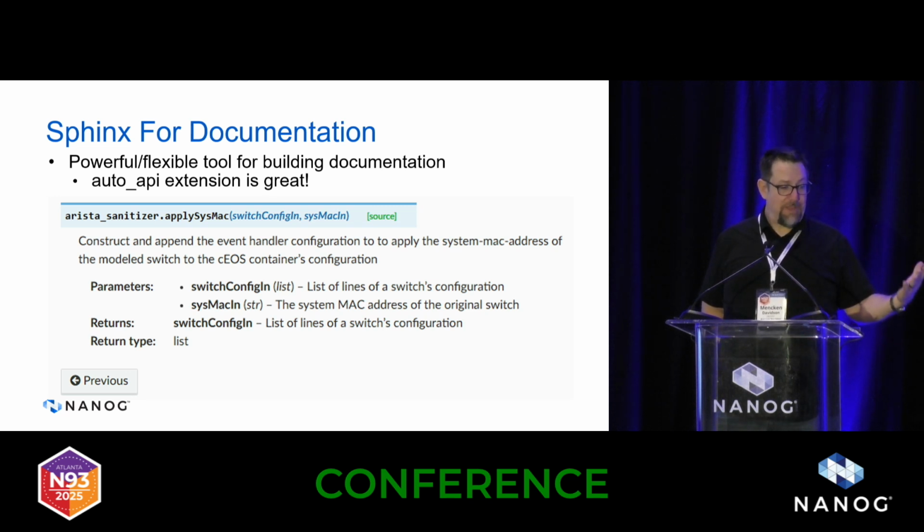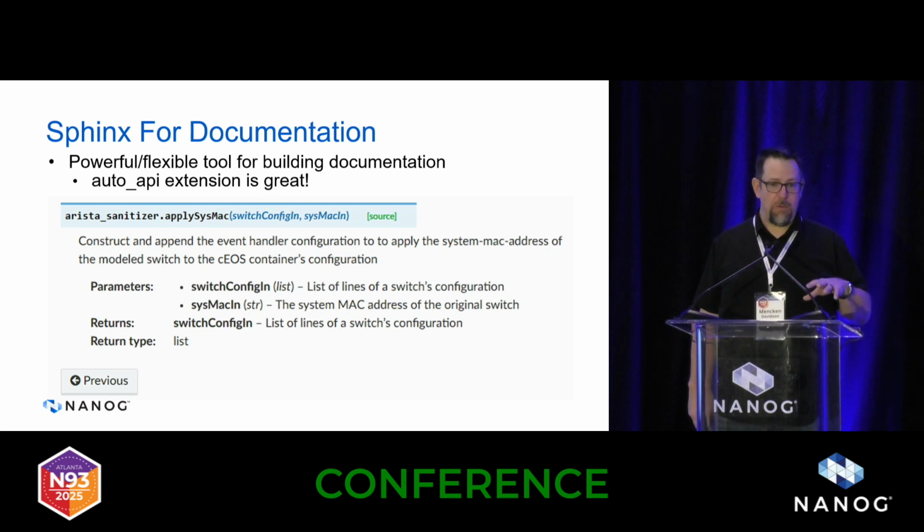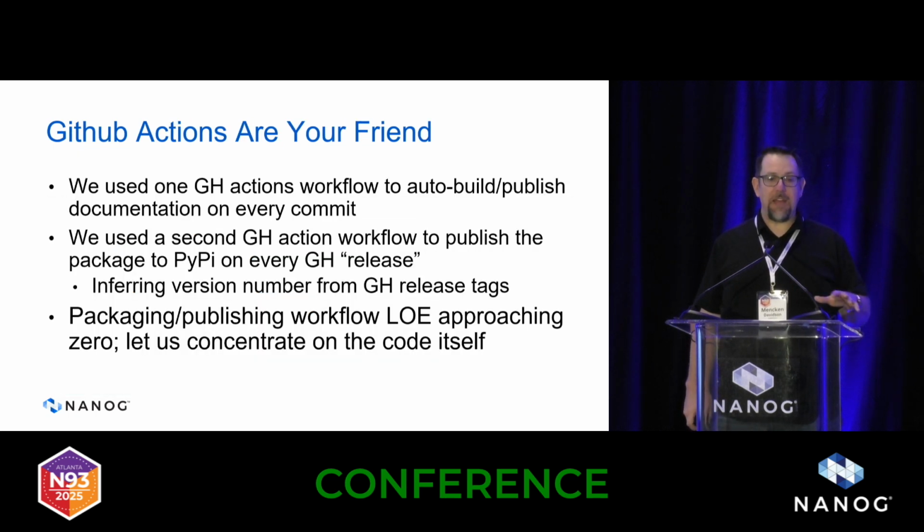You get a nice, relatively human, non-dev-person readable explanation of what the function does, what the input parameters are, what it returns, and even a link directly to the source code itself. But we found that to be incredibly useful.